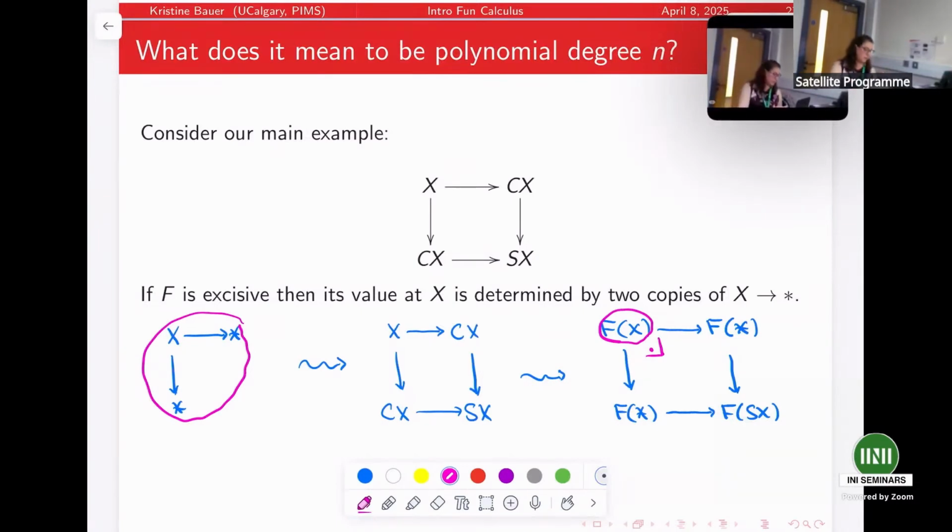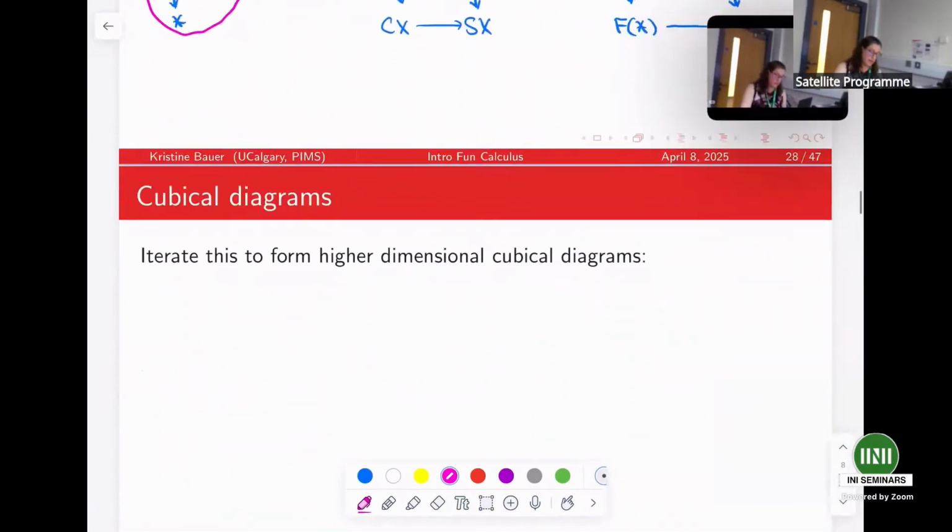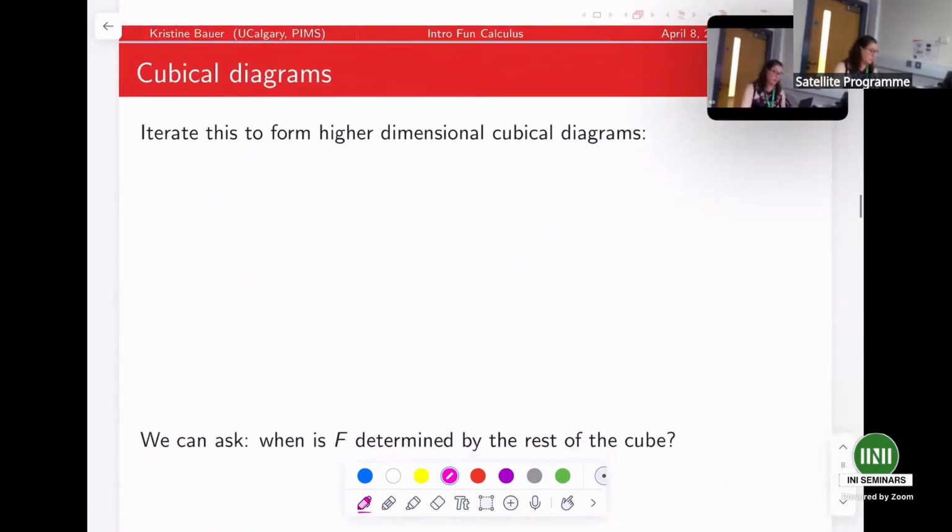Okay, so that's the way in which I want to think about my functors as being determined by 2 points. And I can iterate this to form higher dimensional cubes. So maybe I don't want to draw an n-dimensional diagram on a 2-dimensional space, but I'll do 3 and then we'll see what happens.